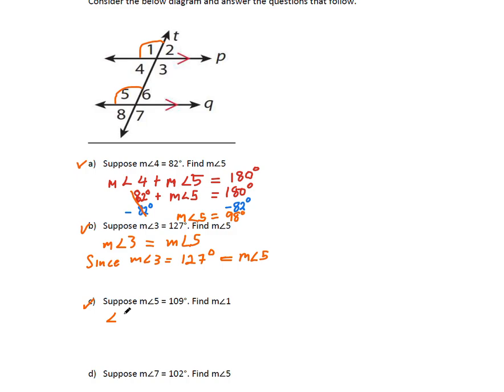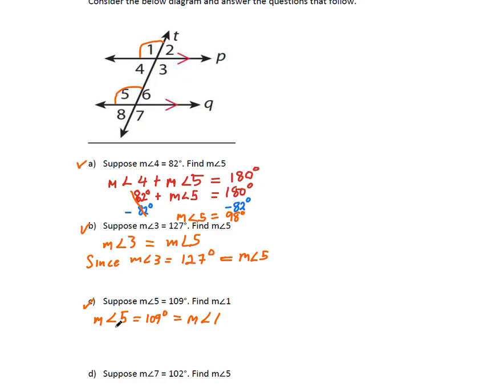They are congruent. When two angles have the same measurement, we say they are congruent. So the measurement of angle 5, which is 109 degrees, would be equal to the measurement of angle 1. So the measurement of angle 1 is also 109 degrees.